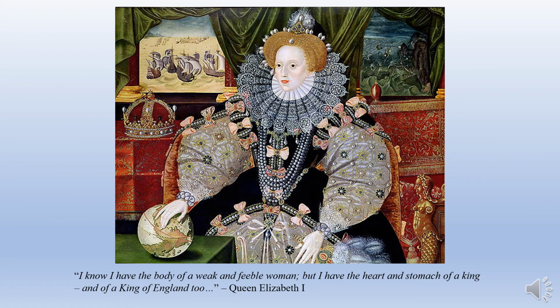Now, right before the battle, Elizabeth will go to meet with her military command. And she decides to give them a speech where she tries to bring up their morale. And she gives one of the most important lines in military history.